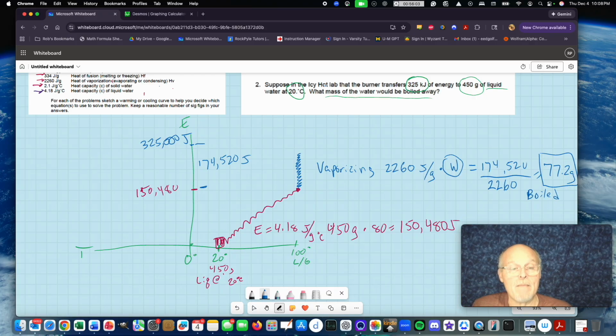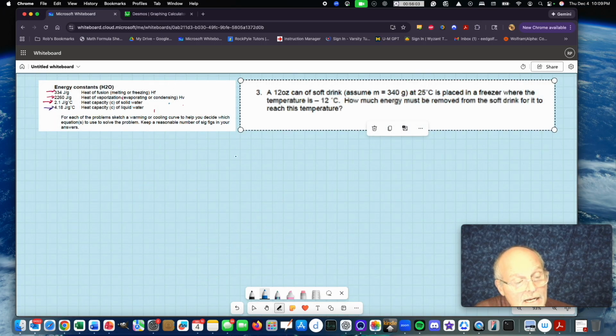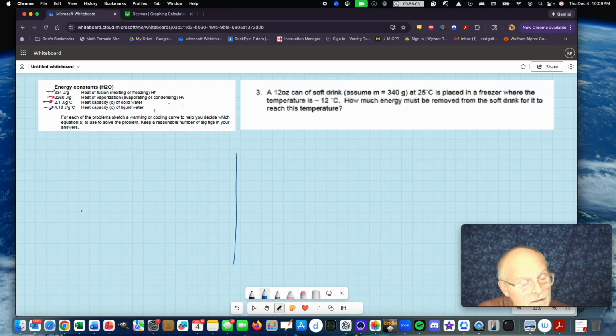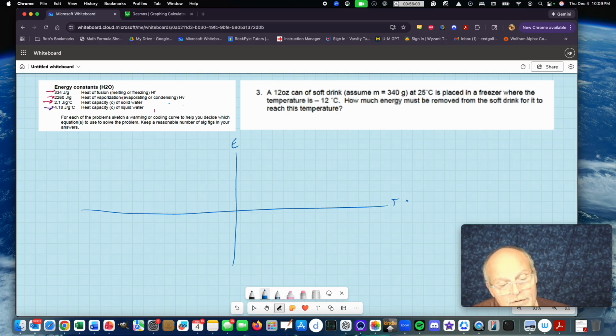All right, so what mass of the water would be boiled away? 77.2 grams. Now, I have energy and temperature in degrees C. At 0, I've got solid and liquid. At 100, I've got liquid and gas.